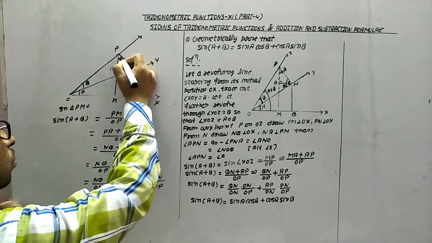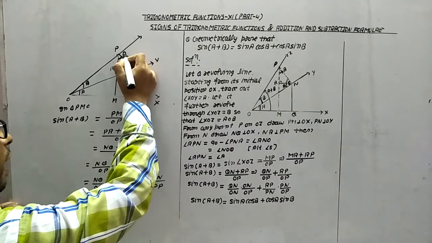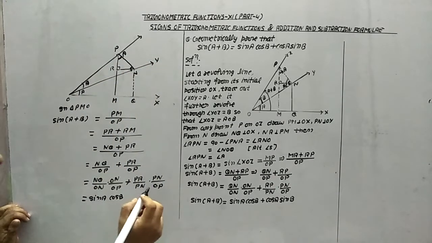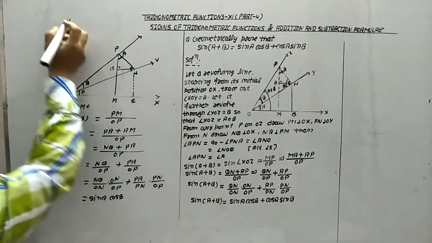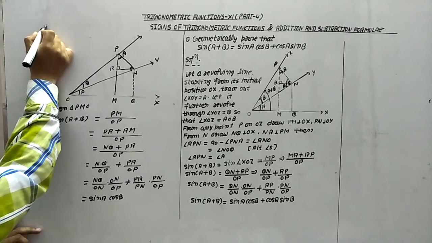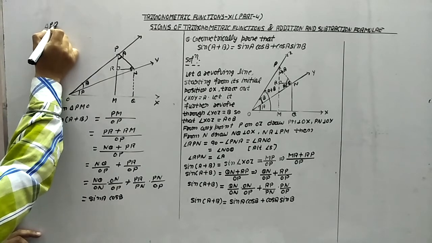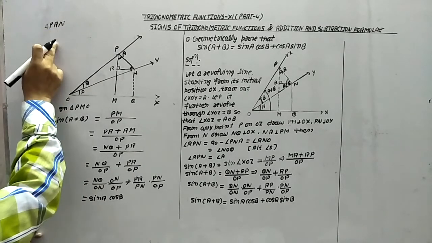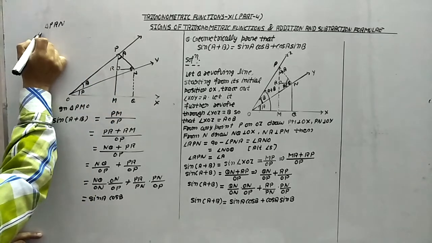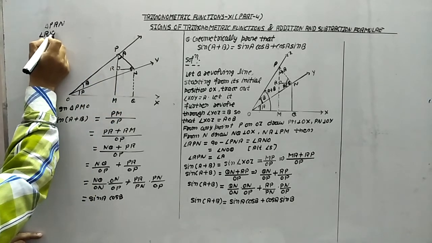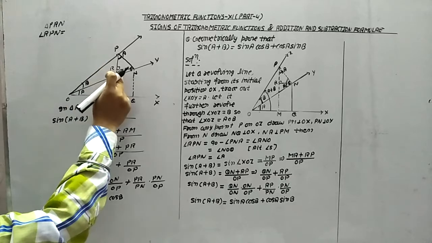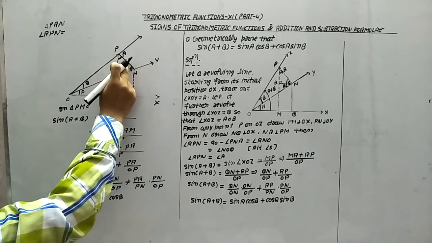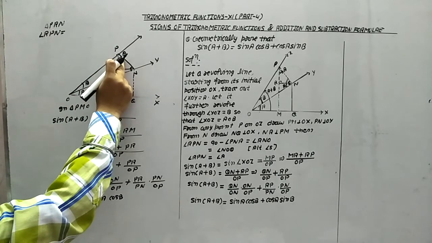Now we have to generate one more thing. I'll show you how this angle is coming angle A. For this I am working in the right angle triangle PRN. In right angle triangle PRN, angle RPN plus this angle is equal to 90.